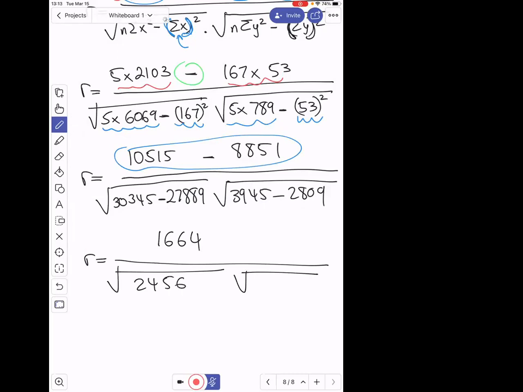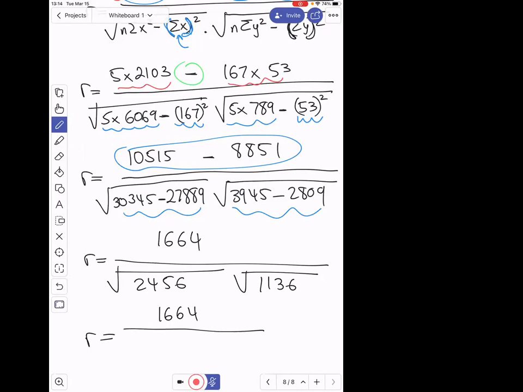The other one, there's this 3,945, right? Minus 2,809. So that'll be equal to actually 1,036. Now, be careful when you apply the square root. So there's a 1,664 in the top.